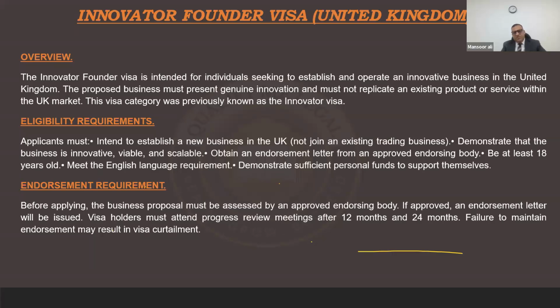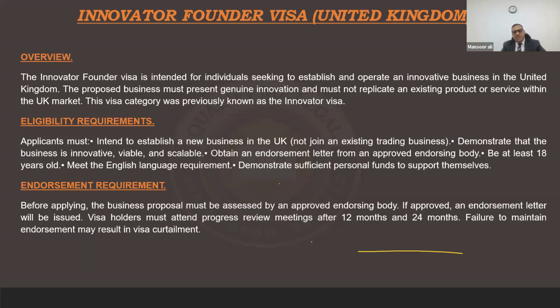Once your endorsement has been done, you need to apply straight away for entry clearance from outside the UK or from within the UK. You can apply to the Home Office and switch from any other category into the Innovator Founder Visa. So this is the whole background of the Innovator Founder Visa.